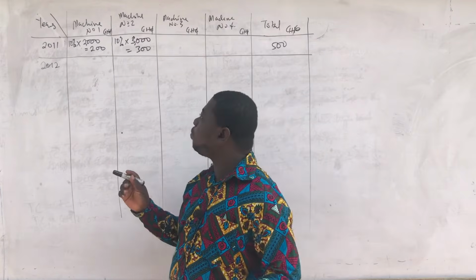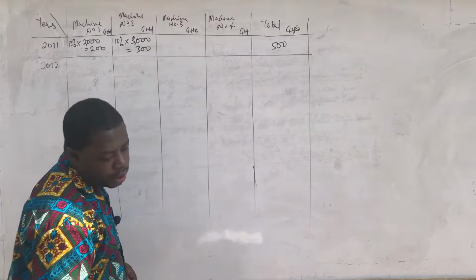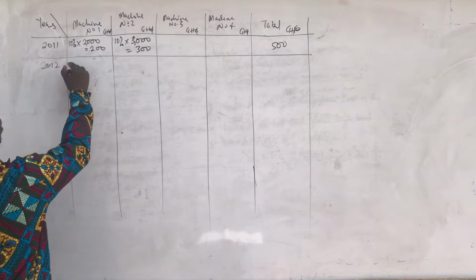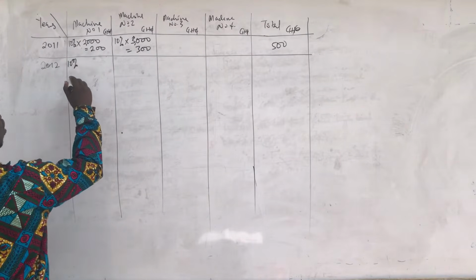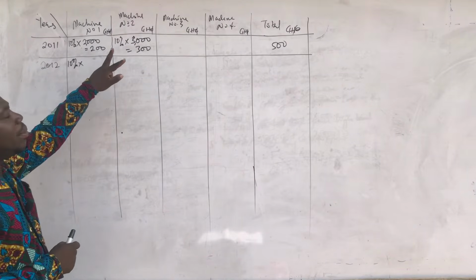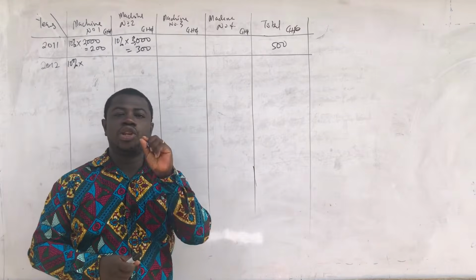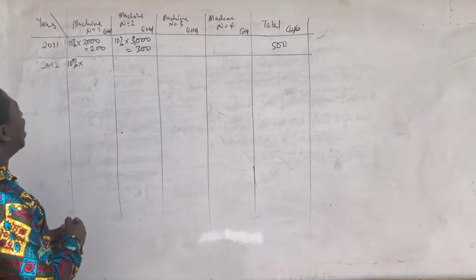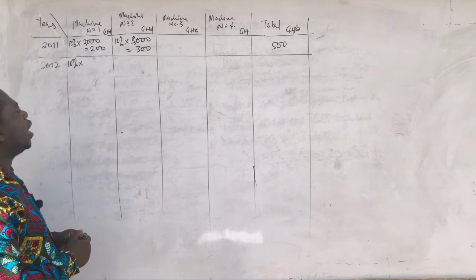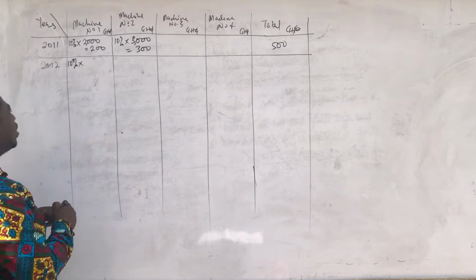Okay, let me begin with the first ones. And so in the 2012 financial year, we are going to calculate 10% on that. But remember, we are told that machine number 1 and number 2 are being depreciated using the reducing balance method. And so therefore, we have to subtract the accumulated depreciation from the cost. And that will give us 1,800.